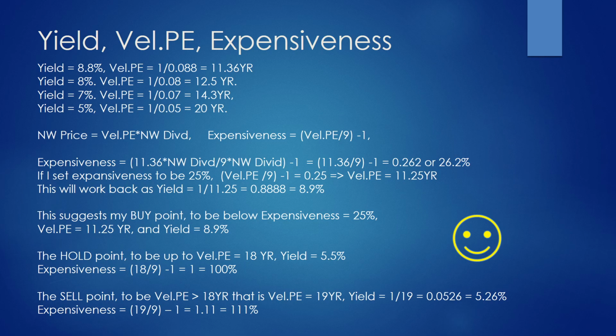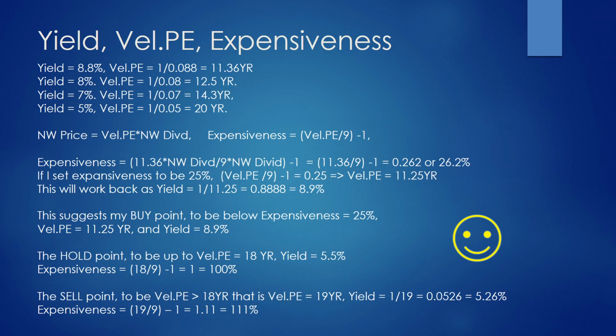NW price equal to velocity PE times new dividend. Expensiveness equal to velocity PE divided by 9 minus 1.